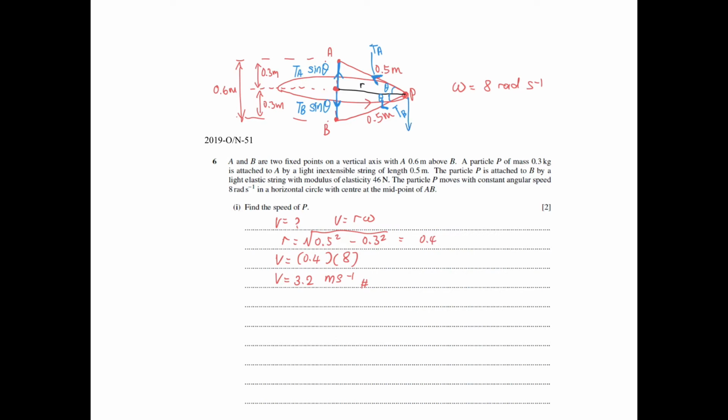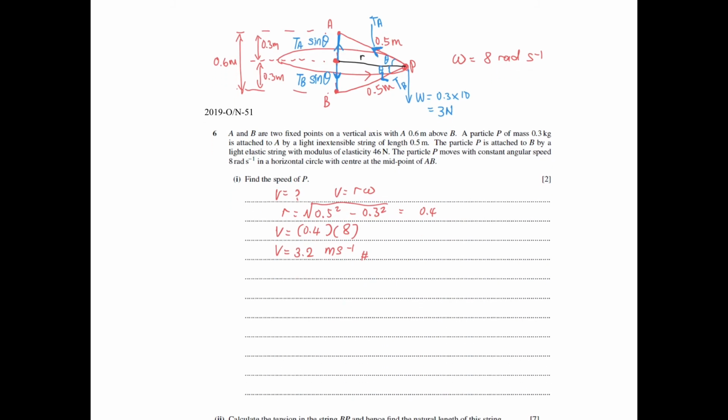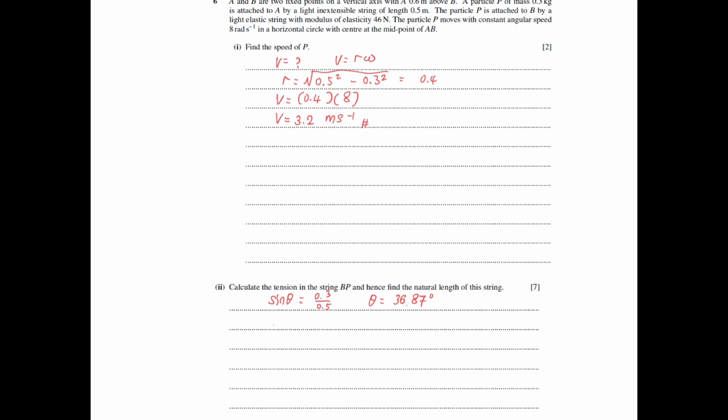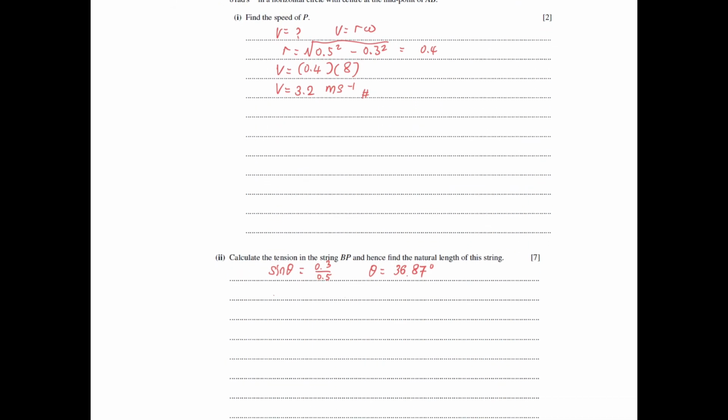Imagine the weight is 0.3 times 10, which is 3 Newton. This is acting downward as well, so we cannot forget about that. So when we look at our equation here, the force that acts upwards is TA sine theta.